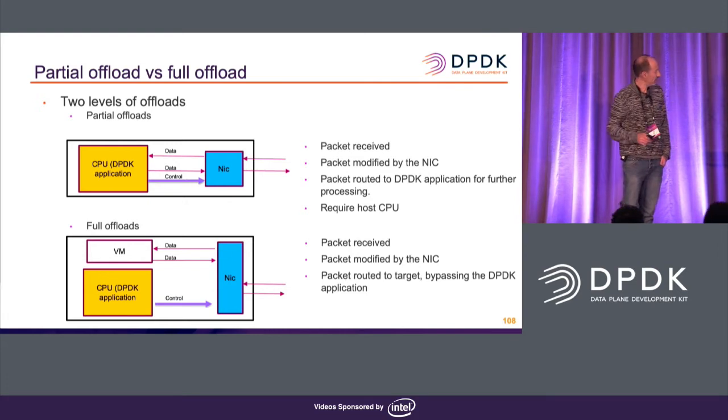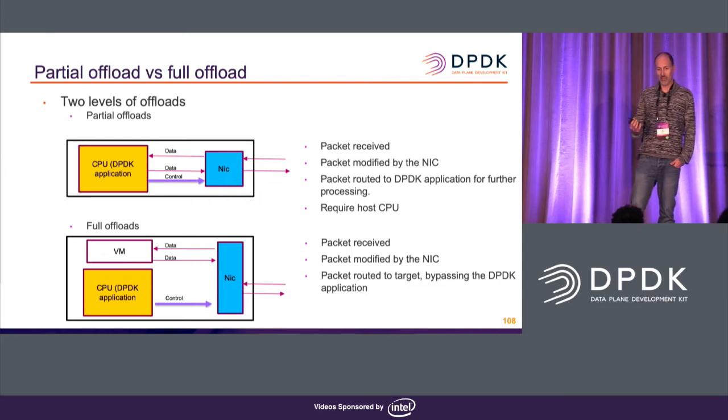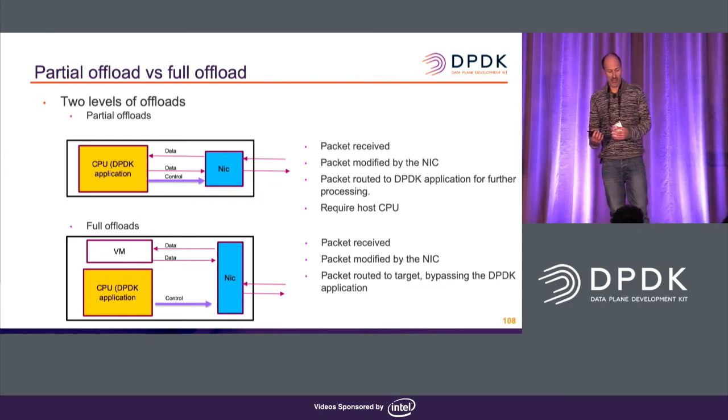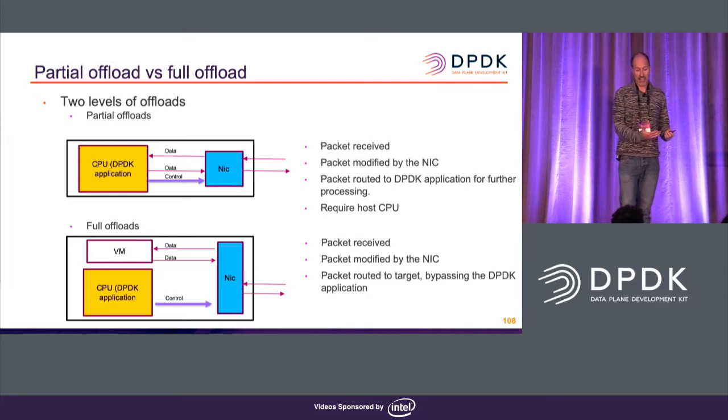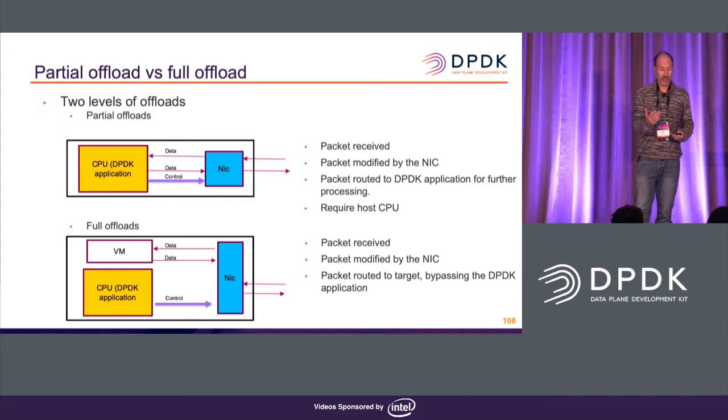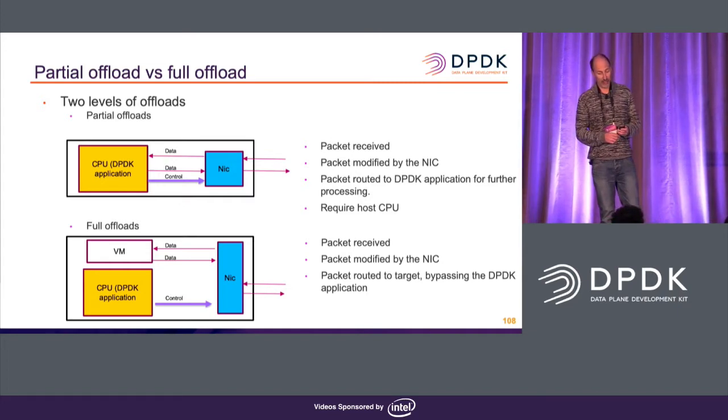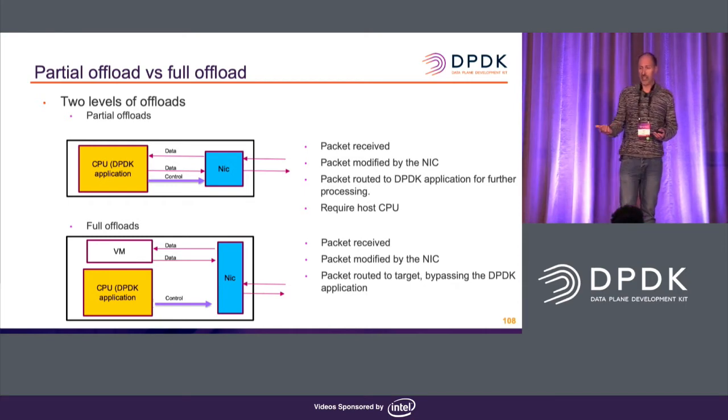The lower figure shows the full offload case, where the DPDK application only inserts flows. Then, based on those flows, the NIC applies the required actions, decap, encap, whatever, and then moves the packets directly to the VM in case of SR-IOV, for example, or back to the wire in case of Hairpin.